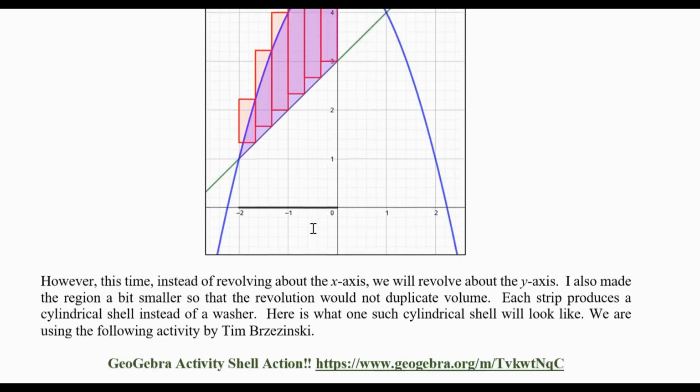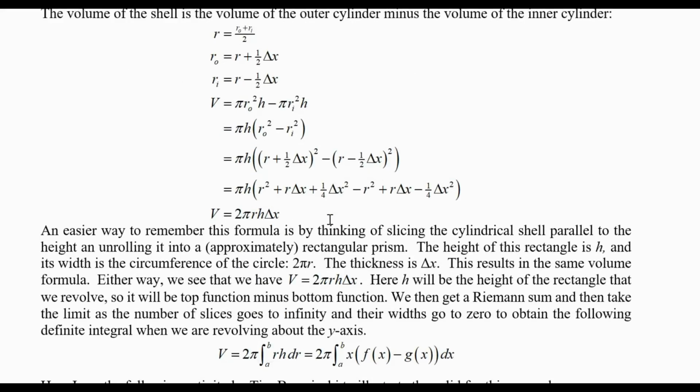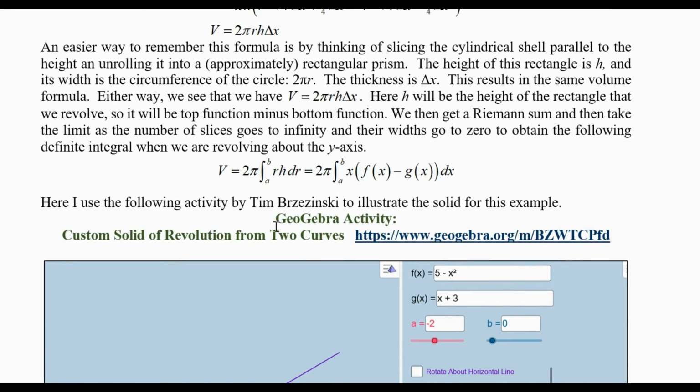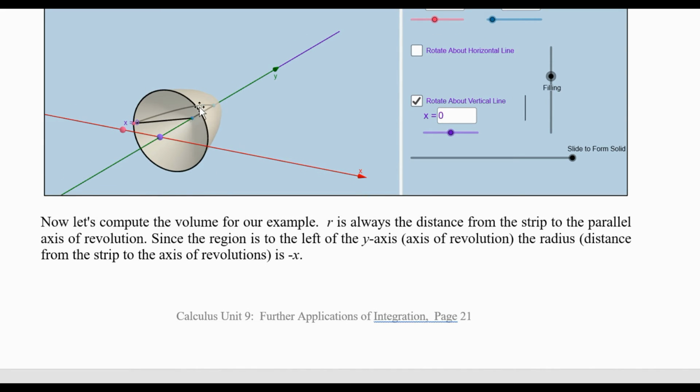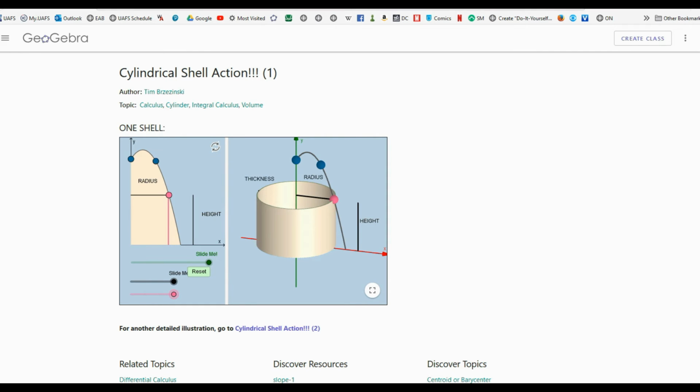So it modifies this formula just slightly to be minus x there. Okay, so here's our region right here. X is this way, y is this way. Revolve it around, and we get that shape right there.